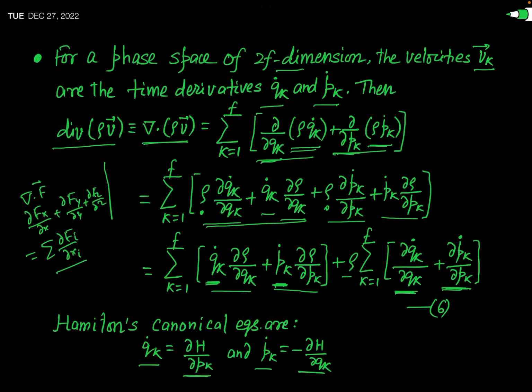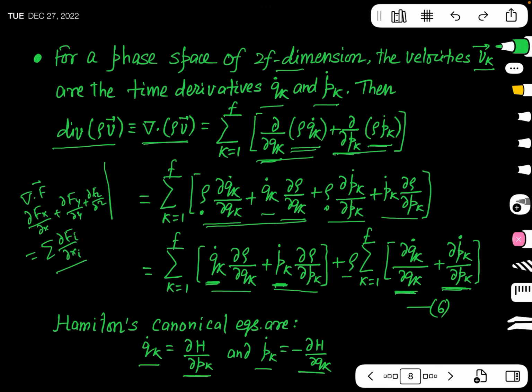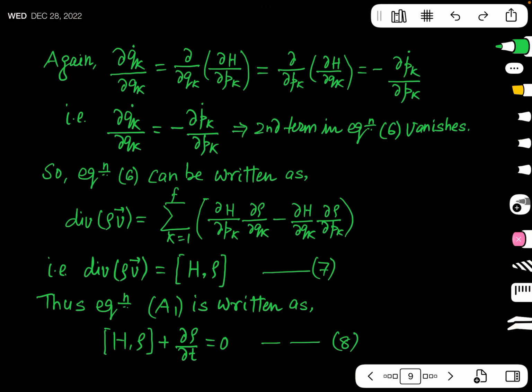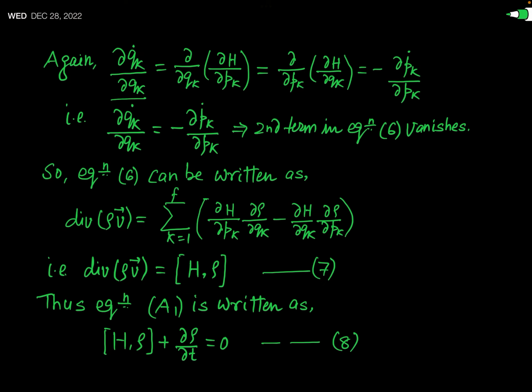You will see that these two terms are equal in value and opposite in sign, but how you can easily see. So see here, this del qk dot by del qk, you can write del qk, and instead of qk dot from Hamilton's equation you can write del h by del pk. Now you know that the exchange of the operators del pk and del qk is permitted.